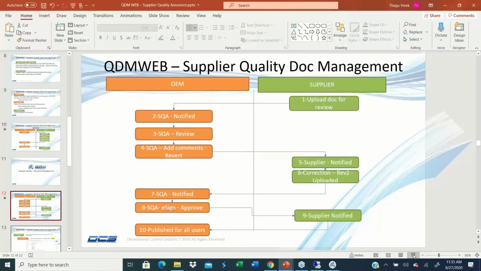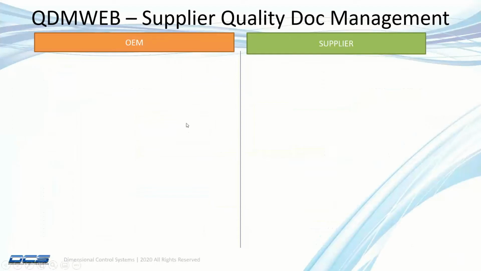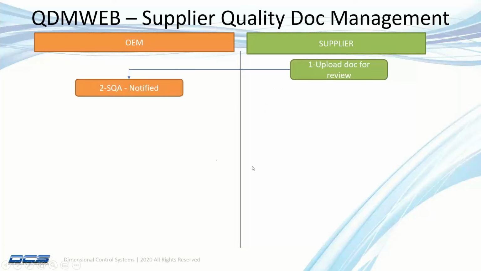I'm going to go to the document management workflow. Typically, documents are initiated at the supplier level. In this use case, let's say the supplier created a PPAP document with a 6-piece study, a standard document that may need to be managed for that particular inspection part. They upload that document for review using QDM Web.